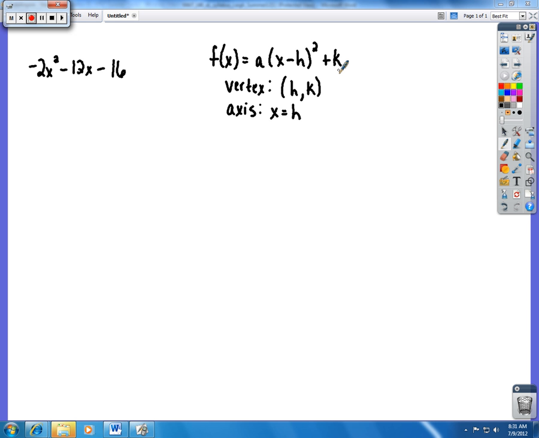If we can transform this equation into this form, it makes it much easier to pull off what the vertex and the axis of symmetry are, because they're just these numbers that are going to be in our new equation.